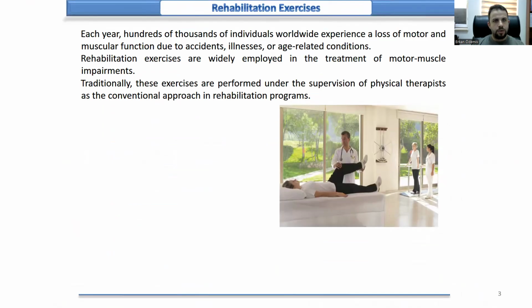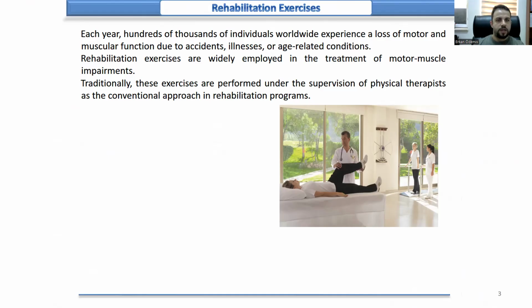Each year, hundreds of thousands of individuals worldwide experience a loss of motor and muscular function due to accidents, illnesses, or age-related conditions. Rehabilitation exercises are widely employed in the treatment of motor muscle impairments.